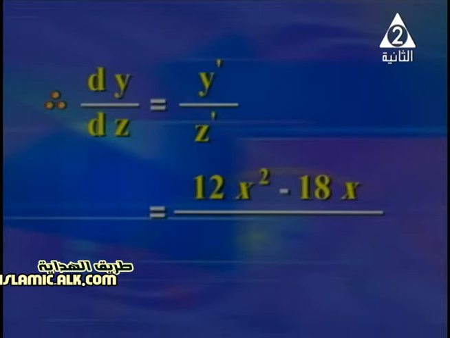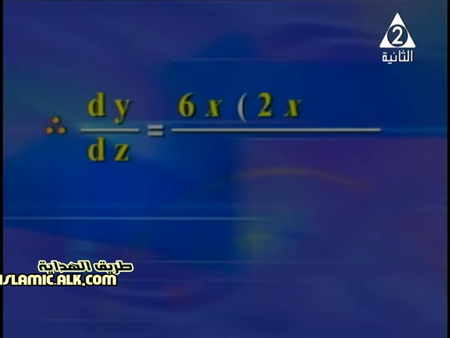Excellent student, y dash over z dash, or dy by dx divided by dz over dx. What is dy over dx? 12x squared minus 18x. What is dz over dx, or z dash? 6x. By using the highest common factor, dy over dz equals 6x multiplied by the bracket containing 2x minus 3 over 6x. Therefore, dy over dz equals 2x minus 3.